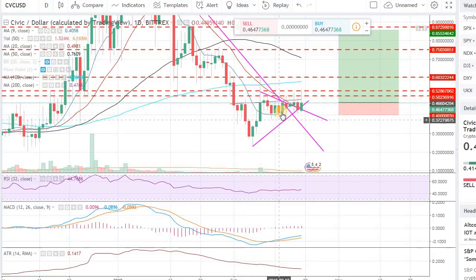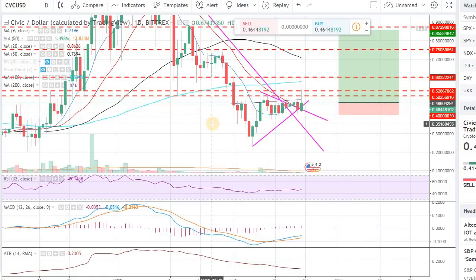He cannot control the price action of Civic, he cannot control the price action of BTC. Only thing John can control is how he manages his trade, or how he manages his account. That's the only thing he can control. And how do you control it? By having a risk management strategy, having a better trade management strategy. Okay, that's how you control those things.